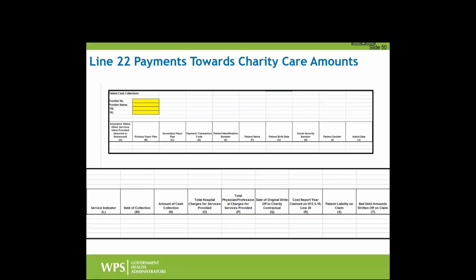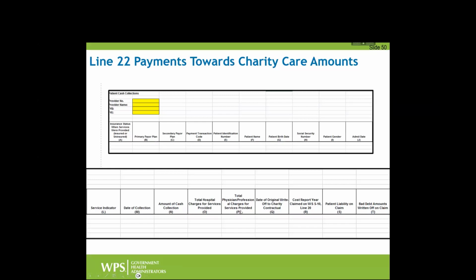Before we ever would consider applying a payment against charity care, it first would go to bad debt, taking care of the bad debt as a recovery. Next, it would go to any remaining patient liability. And then only if there's something left would it go against charity care as a recovery of sorts.